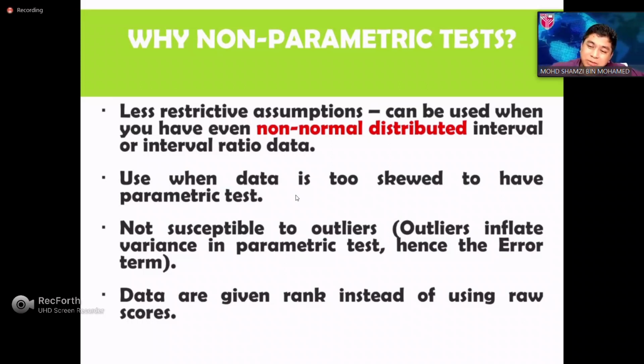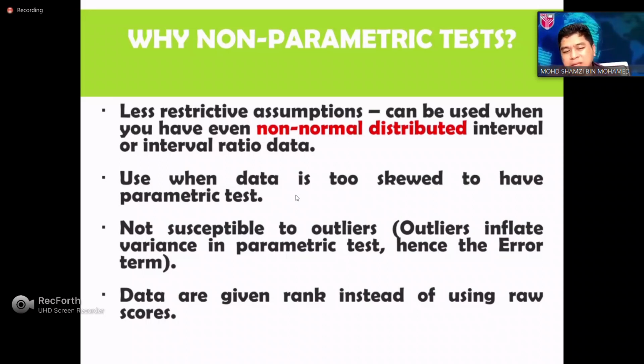Variance akan jadi besar because of these two outliers. Meaning it propagates the error. But for non-parametric, because sometimes you use median instead of mean, outliers do not give you any problem.